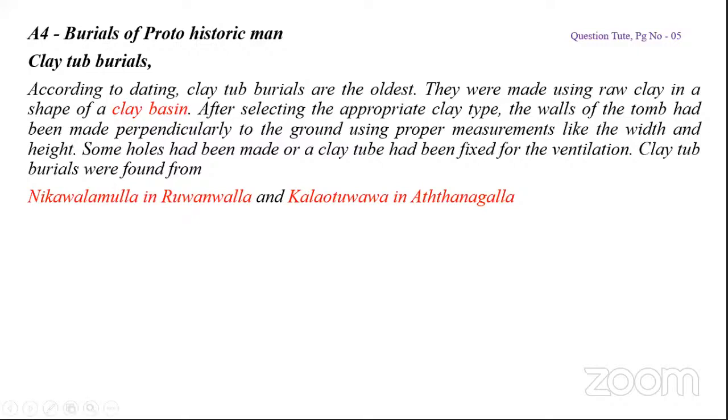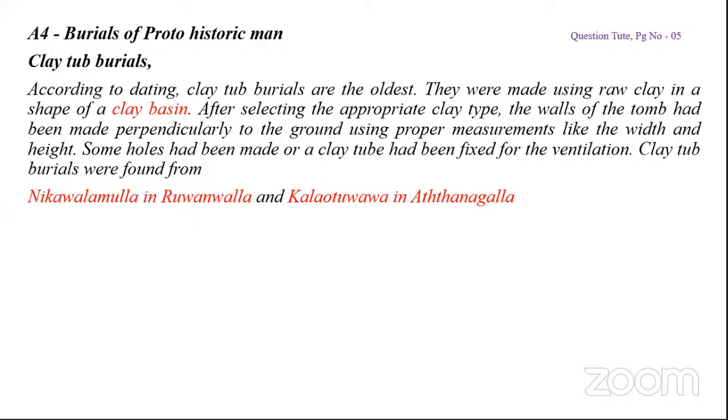They were made using raw clay in the shape of a clay basin. After selecting the appropriate clay type, the walls of the tomb were made perpendicular to the ground using proper measurements like width and height. Some holes were made, or a clay tube was fixed, for ventilation. Now see, that shows what? They knew that air is needed for burning.